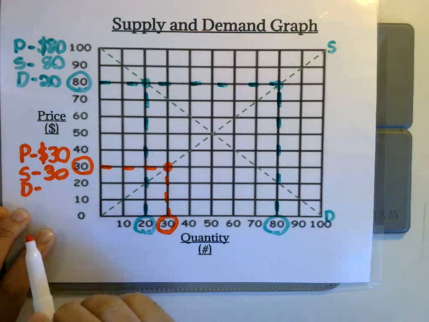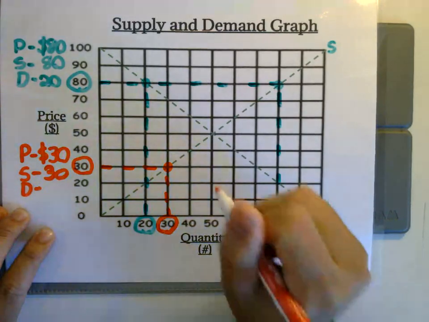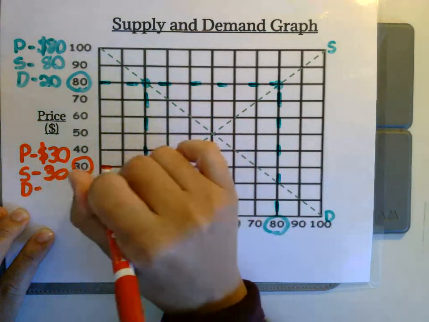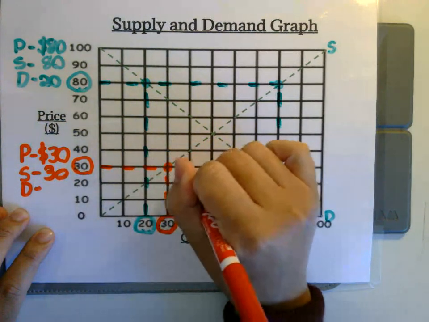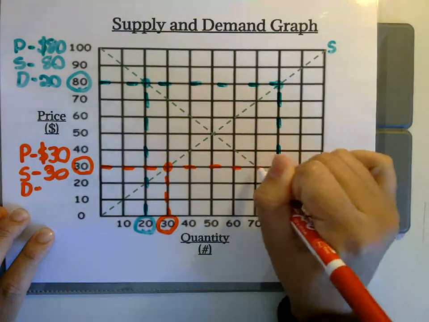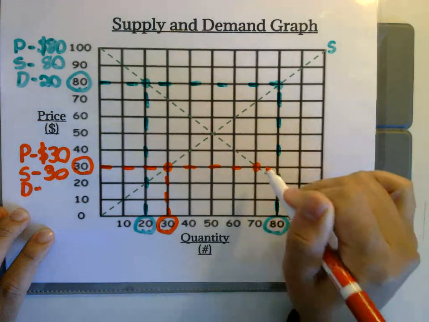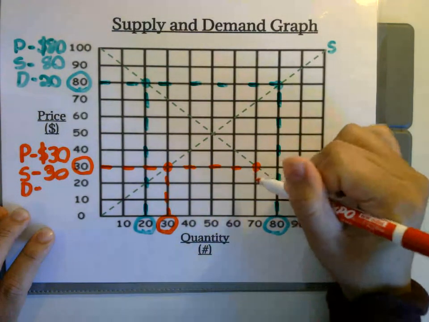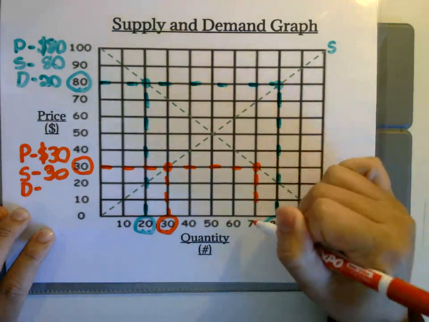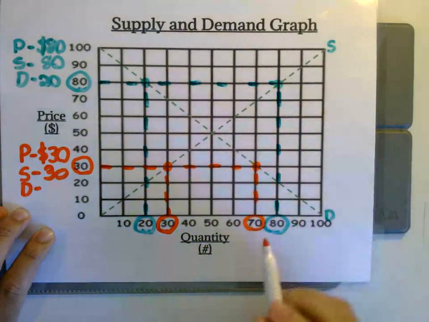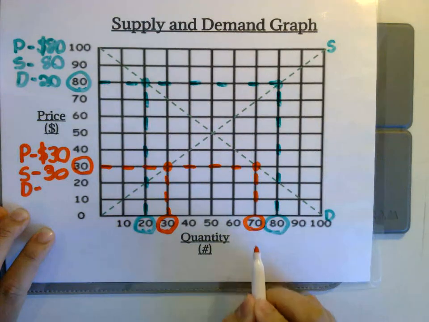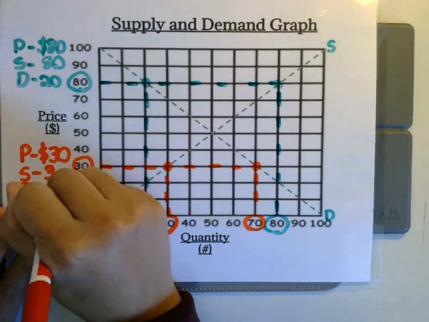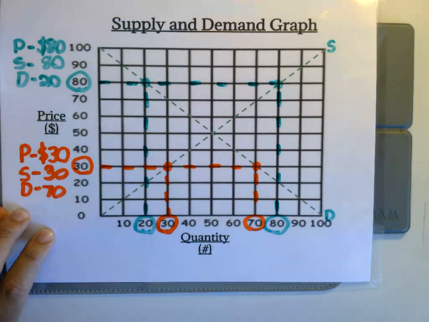Well, we're not done yet because we still need to figure out how much is going to be demanded. You start at $30, you go across the graph, and there we hit this line. We know it's the demand line because it goes down to the dirt, and we're going to go down. And there you go. 70 units will be demanded.